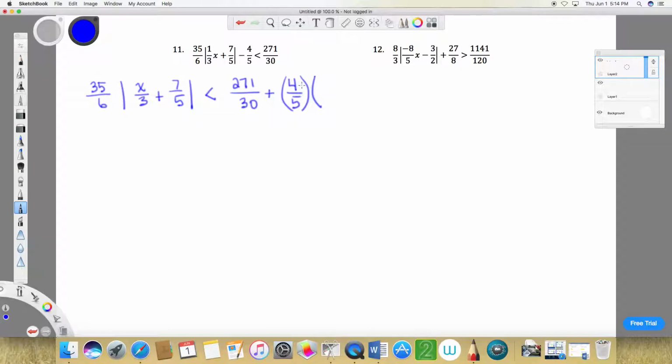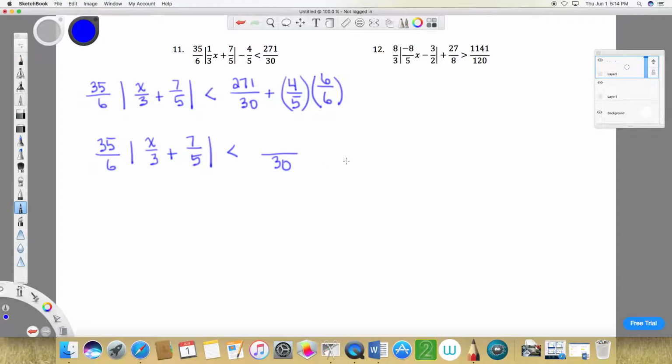So this one, 4/5, I multiply by the number 1, but I write 1 as 6 divided by 6. So here on the left-hand side, I'm not going to do anything with it yet. And on the right-hand side, I'm going to add these two fractions together because they have a common denominator of 30.